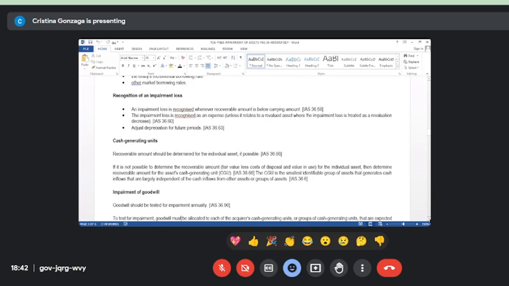Got it? Now, I already mentioned earlier what cash generating unit is. Okay, pag sinabing cash generating unit, it is a group of assets. Normally nagkakaroon ng recognition of impairment loss when let's say a group of assets or a cash generating unit is to be disposed of.